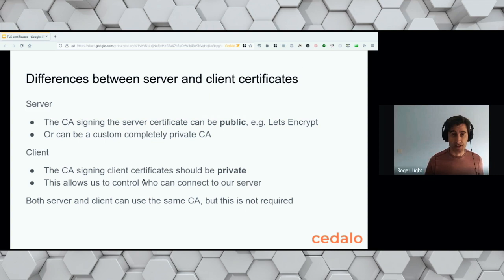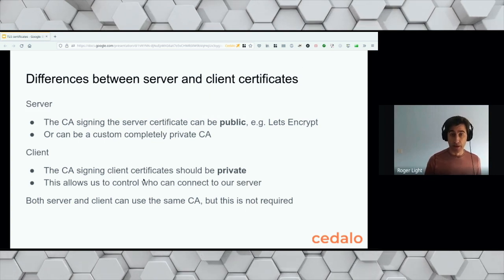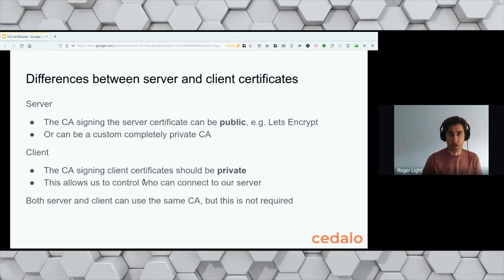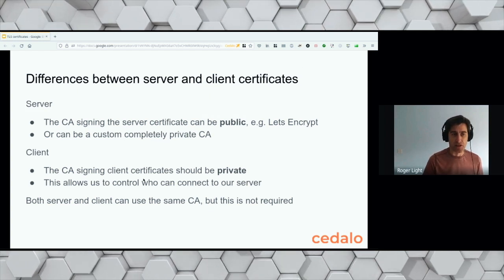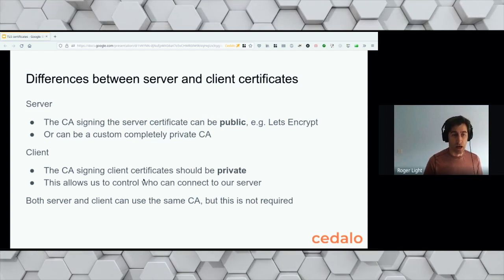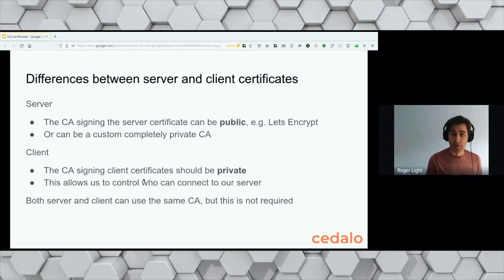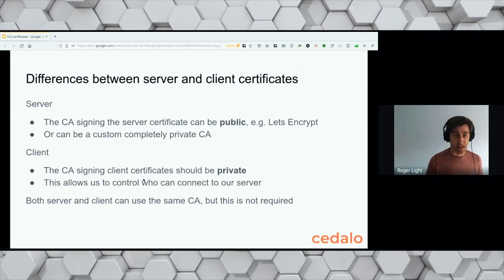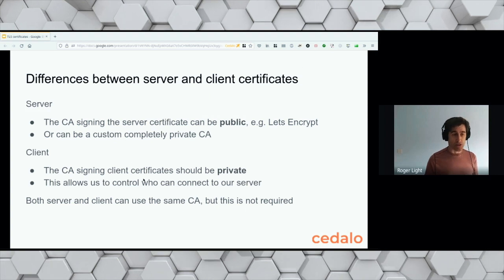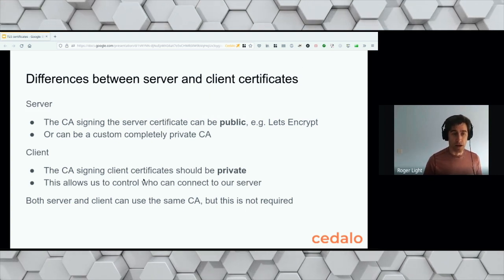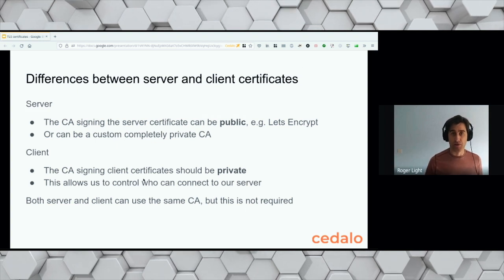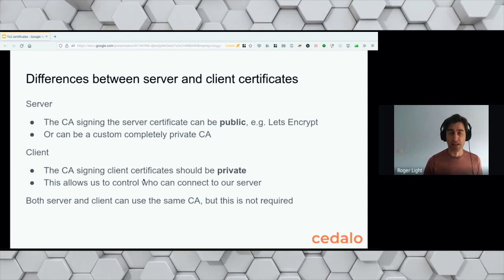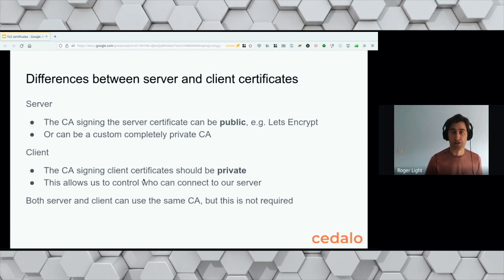So where you've got a server certificate, the CA can be public, like Let's Encrypt, because there's not really a danger in that being public. I mean, you could have it as a completely private CA if you wanted to, but you don't really need to. By contrast, the CA for the client absolutely should be private, because the whole point of having client certificates really is to control who can connect to our server.